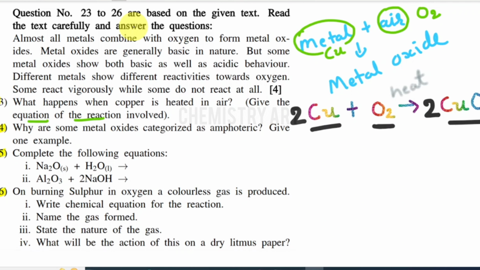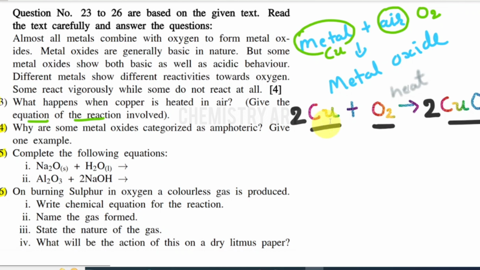So when copper is reacting with oxygen, you need to heat it, and then it will convert into CuO. This question is from the book also. You can check there is an activity: when copper is heated in air, it turns into a black colored compound.